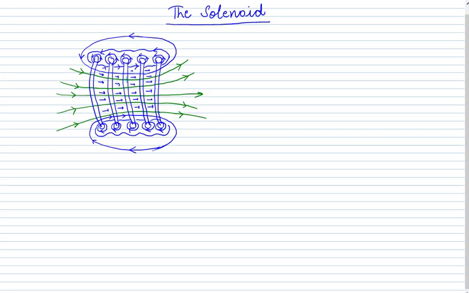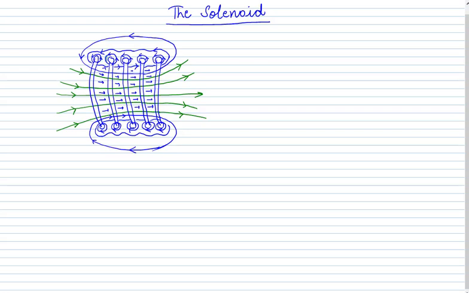If you look at these small loops, the current is flowing in the anti-clockwise direction, and in the nearby loop it is also anti-clockwise. So here it is going upward, for the second loop it is coming downward. So these two nearby loops cancel each other.